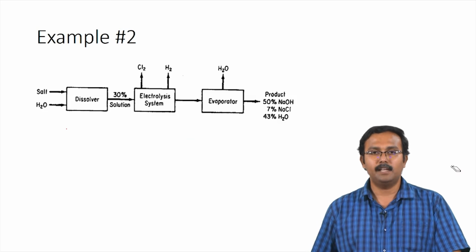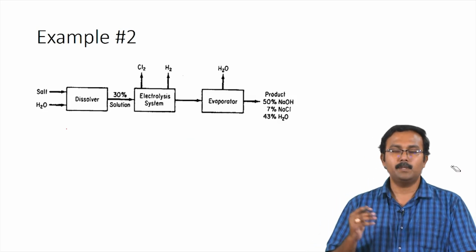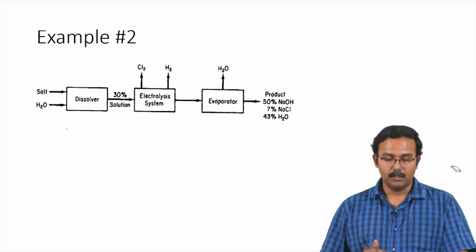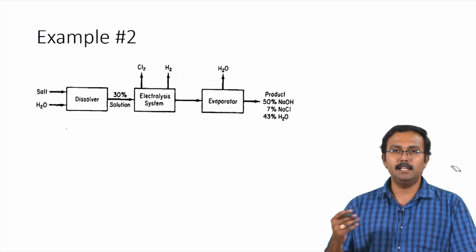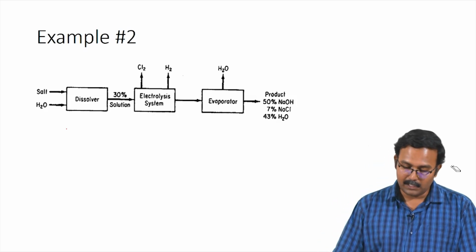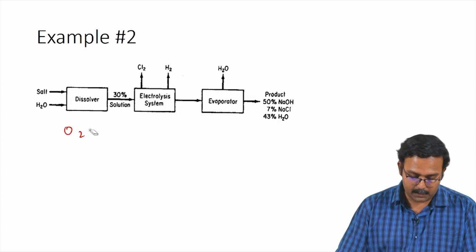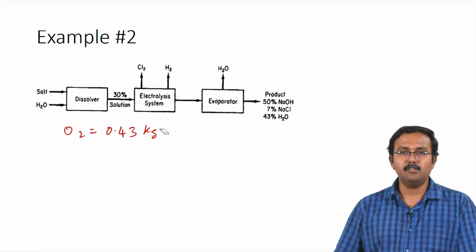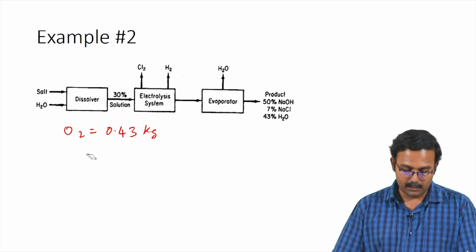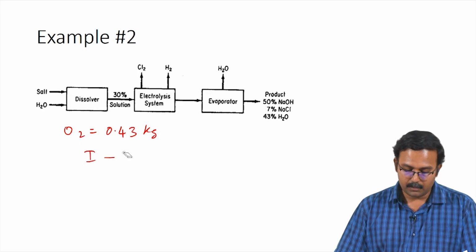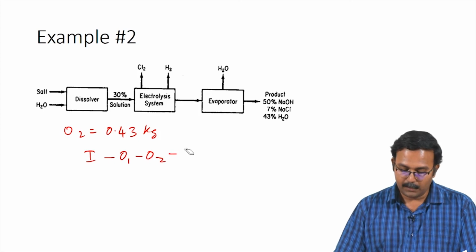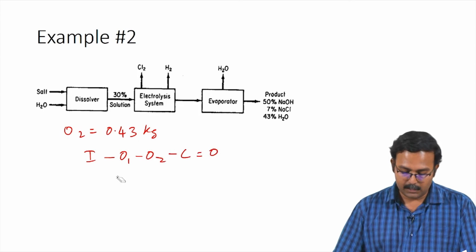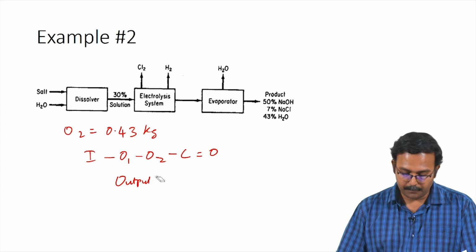So, we now have information about the water which is entering and the water which is consumed. We need to identify how much water is leaving the system. So, the water which is leaving the system in the form of the product is 0.43 kilograms. So, based on this we have all the information, we have input, we have output 2 and we have the consumption. We just need to calculate output 1.